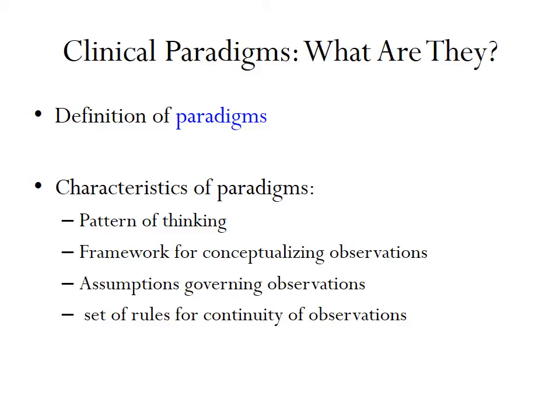We look at clients and begin interpreting clients' thoughts, feelings, and behaviors a certain way based on the paradigm we're following. They also provide us with a framework for conceptualizing our observations. What we see and what we observe, what does it mean?